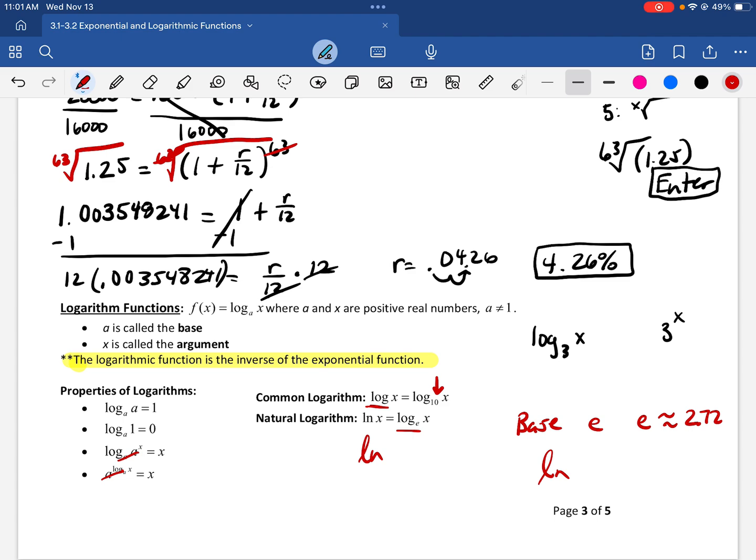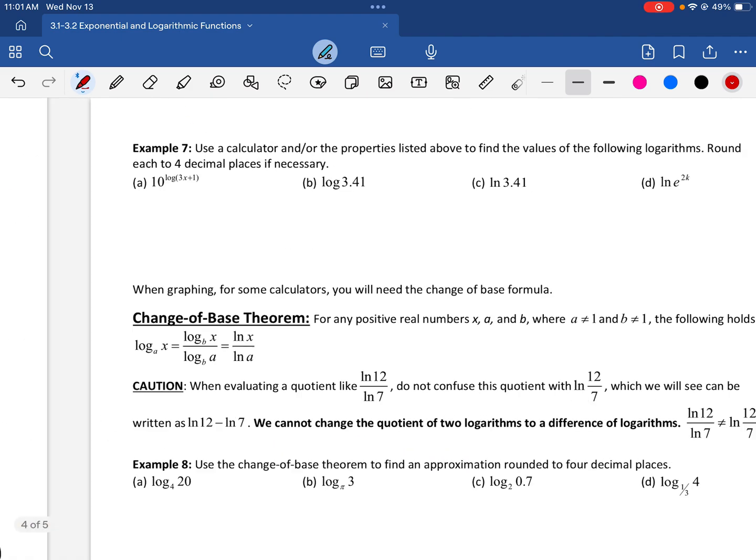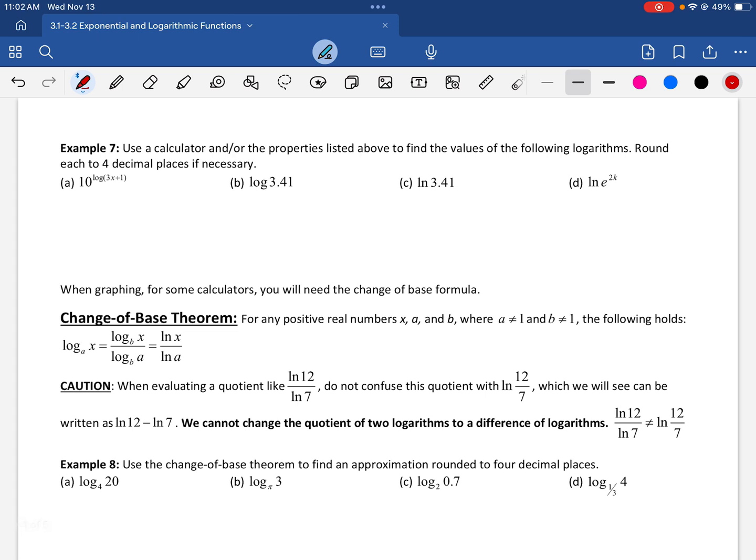All right, so starting out with logs, we're going to look at a couple of properties of them, then we'll get into graphing one of them. It says use the calculator and or the properties listed above to find the values of the following logarithms. Round each answer to 4 decimal places if necessary.